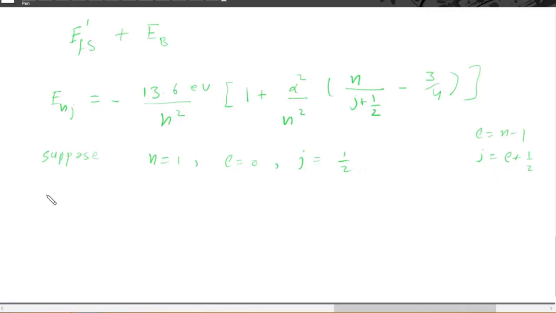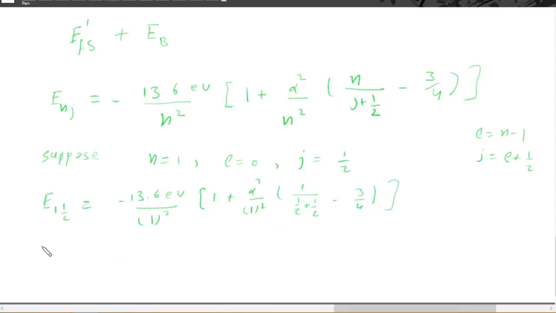Then we can write the energy for n is 1 and j value is half, is equal to minus 13.6 electron volt divided by 1 squared, and then alpha squared divided by 1 squared, and then 1 over j, which is half plus half, minus 3 divided by 4.